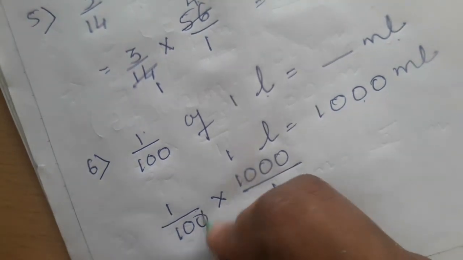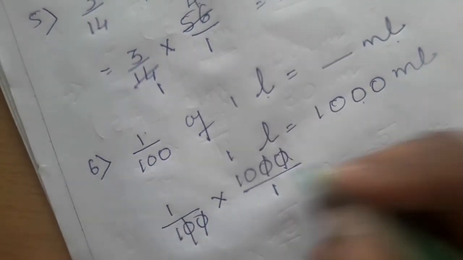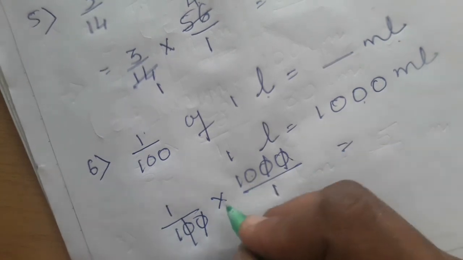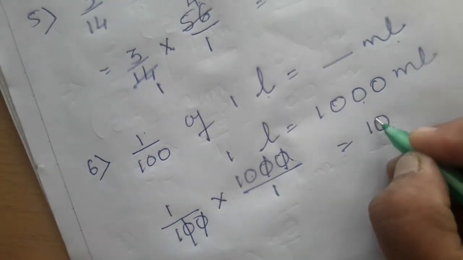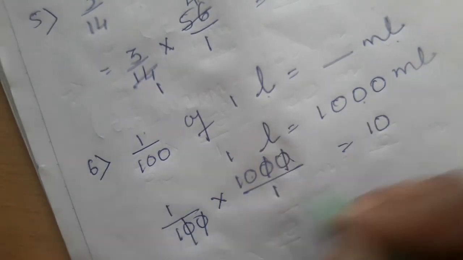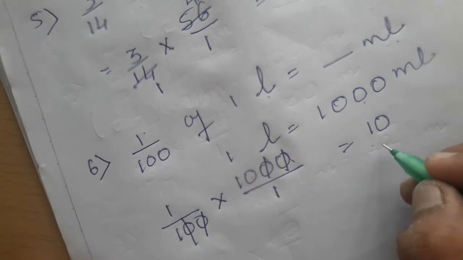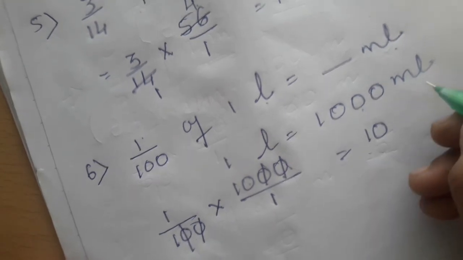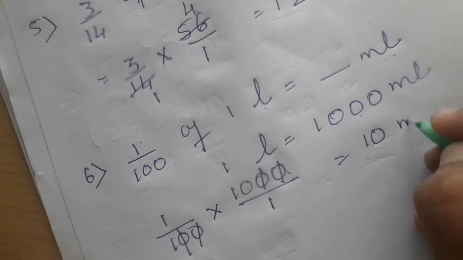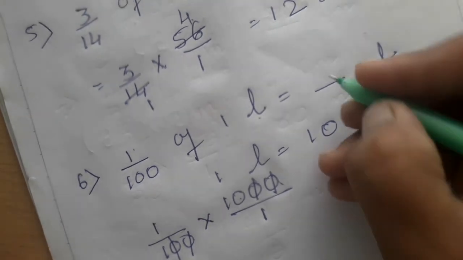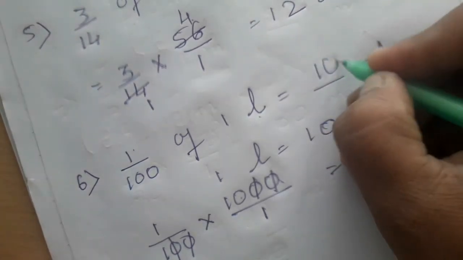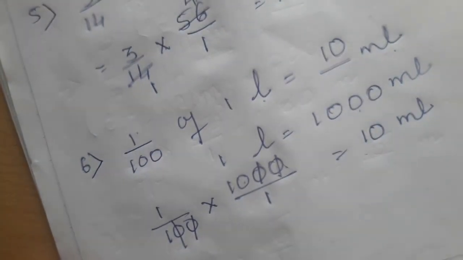So here 1 and 2 zeros will go. What is left out? 10 ones are 10 and the denominator is 1, so no need to write 1. And the unit will be milliliters. Fine. So here you can write it as 10 milliliters. Okay.